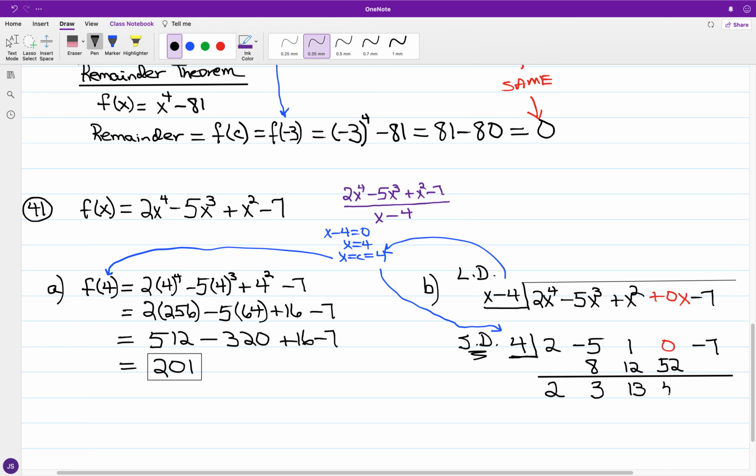0 plus 52 is 52. And 4 times 52 is 208. And negative 7 plus 208. So that is going to be 201.